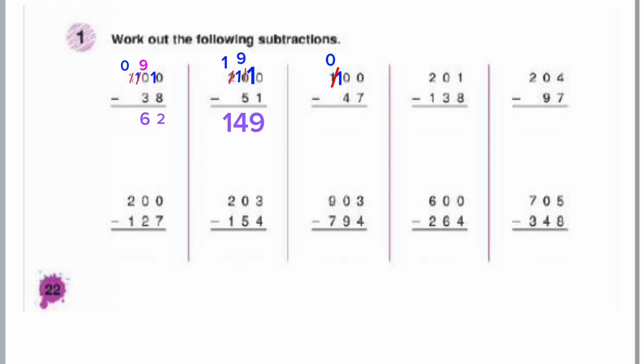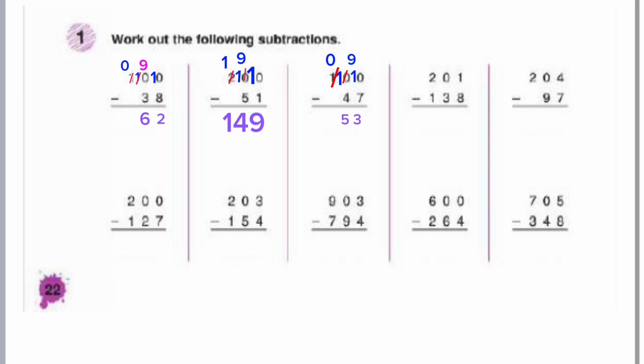The 0 in the ones digit will borrow from the tens, which is 10. So the ones digit will become 10 and the tens will become 9. Now 10 minus 7, 3. 9 minus 4, 5. And there is no 100.